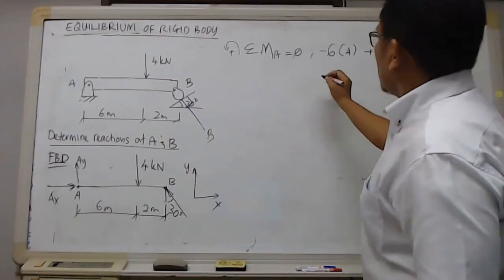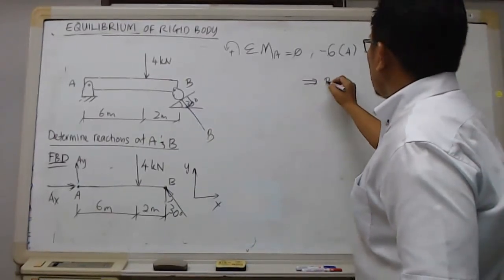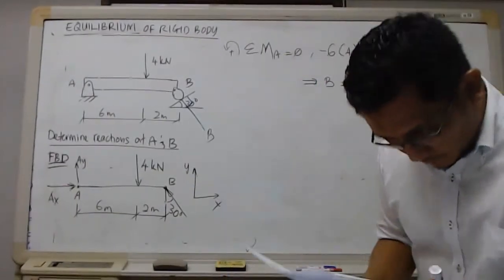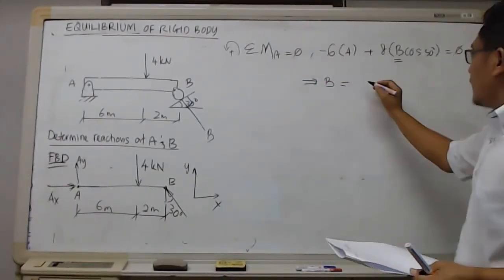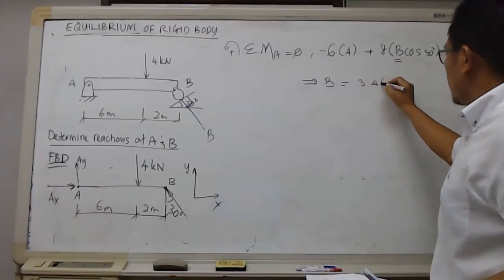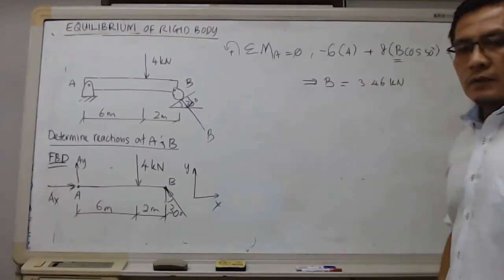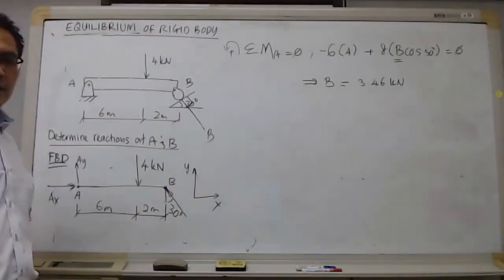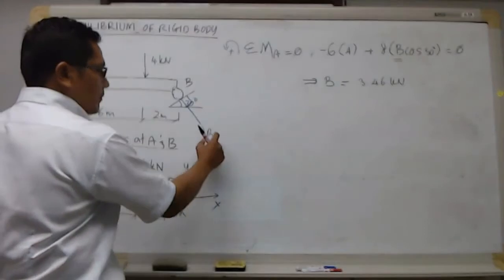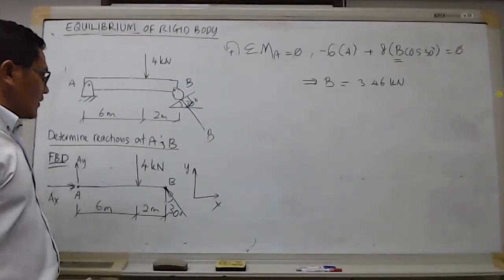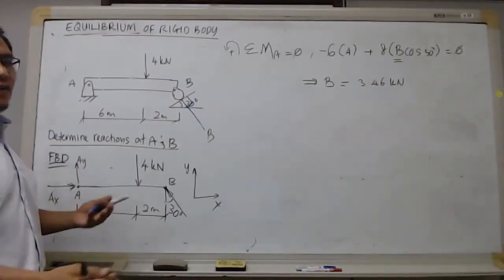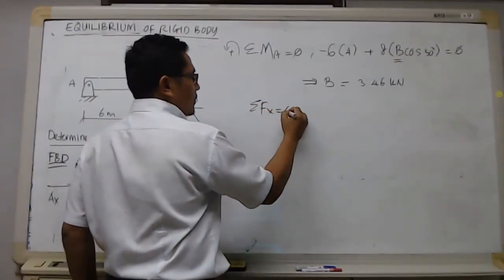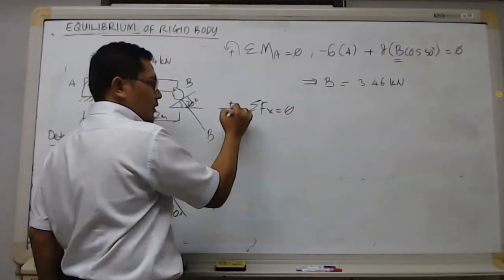So from here, the only unknown is B. So straight away you can get the value that B is equal to, I can see, 3.46 kilonewton. So we have got the value of the reaction at B. Now we need to determine what's the AX and AY. Of course, again, summation of force X is equal to 0. We define the positive to the right.